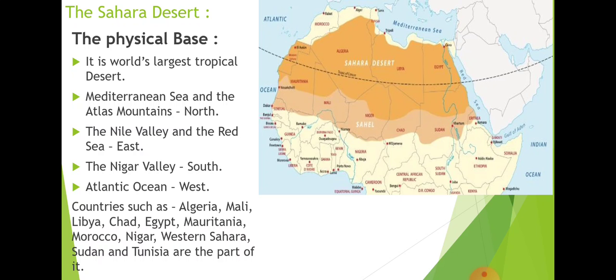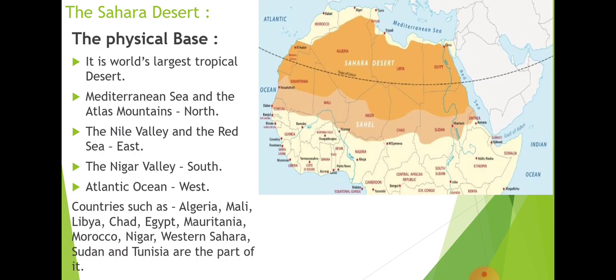Now let us see what kind of desert the Sahara Desert is, and which other continents and countries surround it. It is the world's largest tropical desert. From the north side it is surrounded by the Mediterranean Sea and the Atlas Mountains, and the Nile River and the Red Sea from the east side.